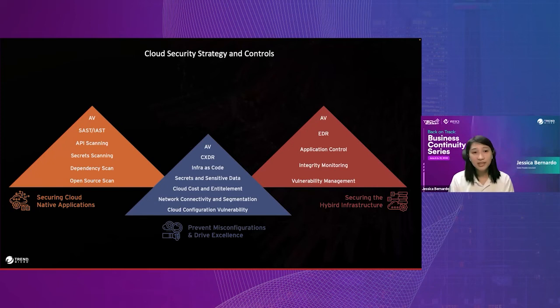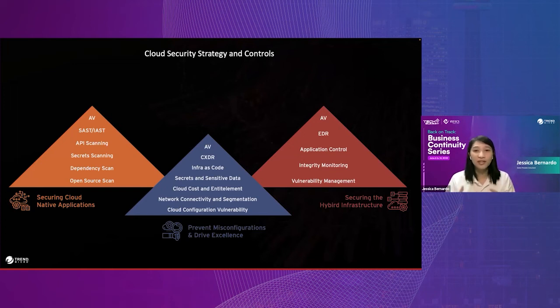Another thing when it comes to strategy is that with digital transformation, businesses are using different innovations in different environments. So containers, Lambda functions, and Kubernetes are now available for us to use. When it comes to providing protection, of course, you cannot do the same things for these types of environments.